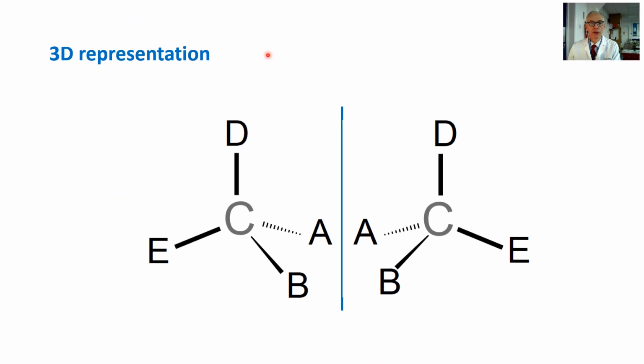So a quick review of 3D representation with a view to scoring all the marks in an OCR A exam. The first thing is that the bonds that are on the plane of the screen or on the plane of your piece of paper keep a consistent width. So the bond CD and the bond CE are both on the plane of my screen.